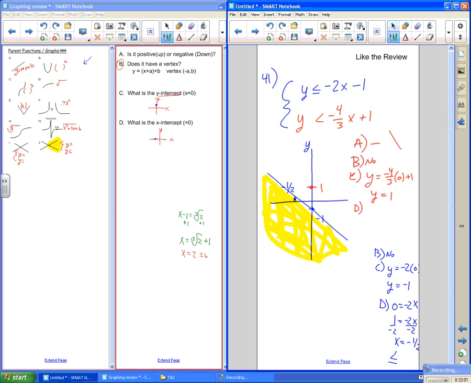And then D says, if I set this equal to 0, what happens? Okay, we'll get x equals 3/4, positive. So that's my x-intercept is positive 3/4, which would be roughly here.